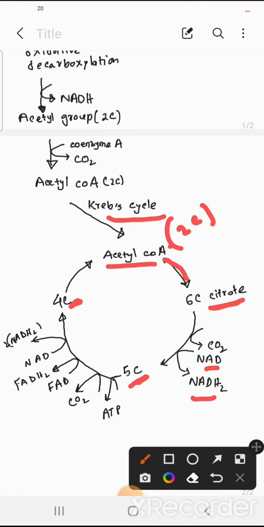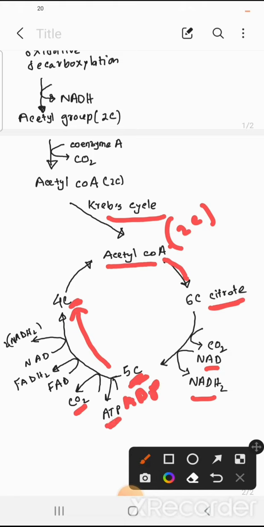Now you have a 5 carbon molecule, right? This 5 carbon molecule then becomes a 4 carbon molecule again. The 1 carbon goes out as CO2. This CO2 has gone from this 5 carbon molecule. That's why it becomes a 4 carbon molecule. What happens else? Very important, here also it releases the phosphate group and ADP becomes ATP. You see, you get another ATP.